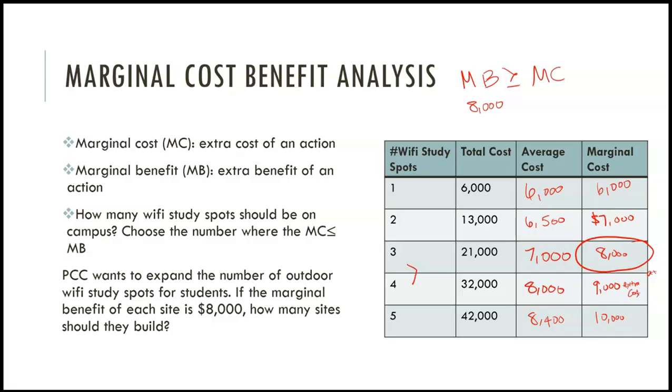But we're only getting extra benefits of $8,000. So if we go to unit number 4, or 4 study spots, we're actually spending more money to build that 4th one than the extra benefits we receive from having it exist. And so because of scarcity, it would be better if PCC takes that extra money and puts it into something else instead, something that has a higher marginal benefit.